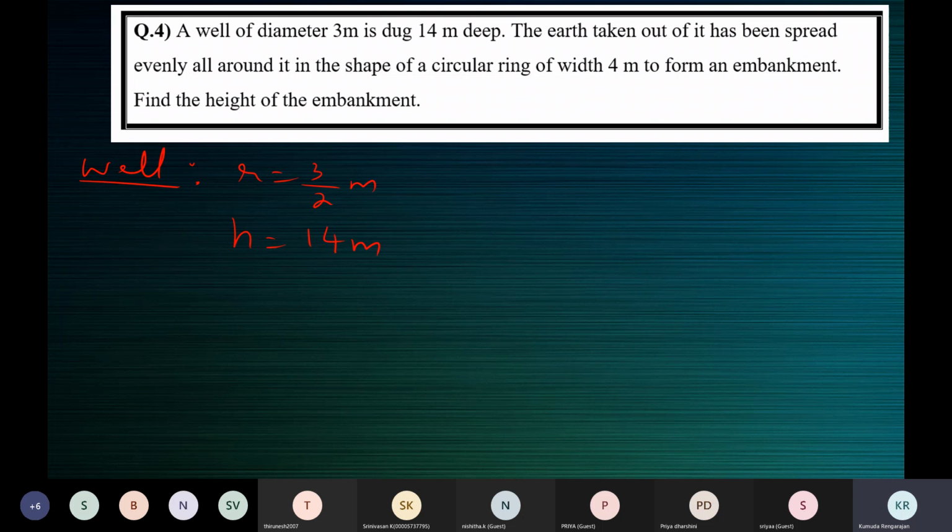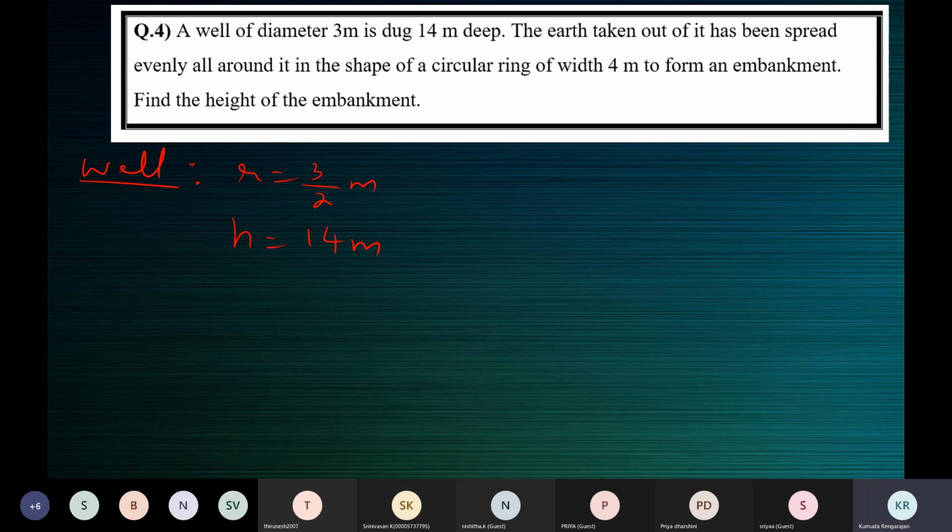That means the volume of the earth that is dug out from the well is equal to the volume of the earth in the embankment. That's all. Finished. If you can write this equation in words, you will get the correct answer. Of course, you'll have to substitute carefully.